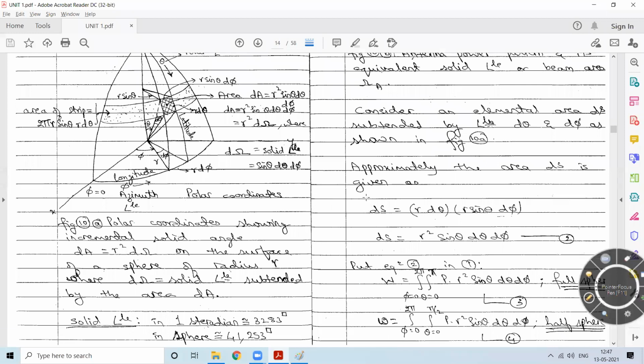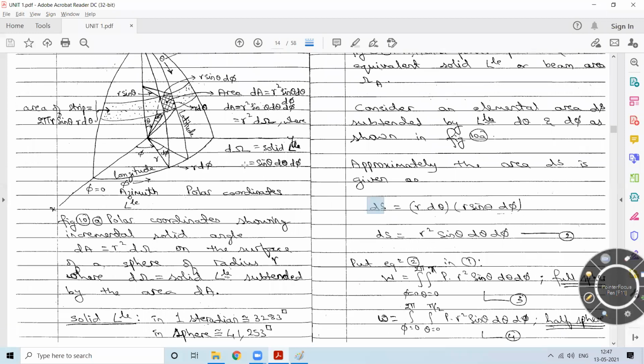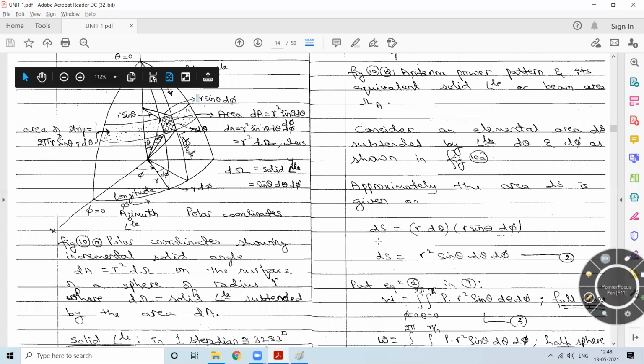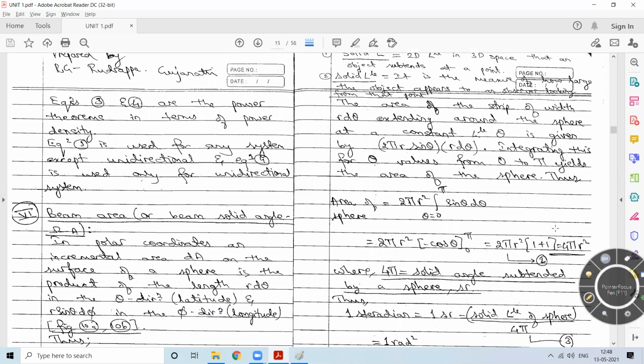That is dA or ds, which is equal to r d theta, and the other side, that is r sine theta d phi. When I simplify this, this is the small elemental surface area in terms of r, theta and phi. So it is given by r square sine theta d phi.